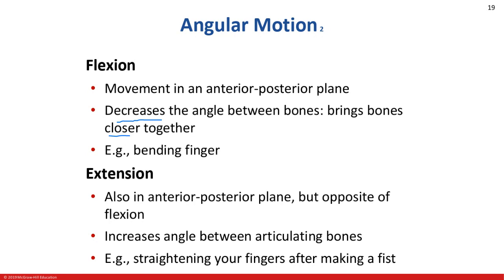It moves in the anterior posterior plane, but in the opposite direction of flexion, which means we're going to increase the angle and pull the bones away from each other. After you make a fist, you straighten your fingers out to shake somebody's hand, or if I just bent my elbow, now I straighten my elbow out. I've just moved my radius away from my humerus. So that's extension.